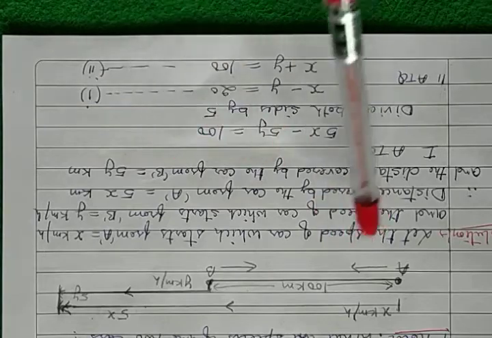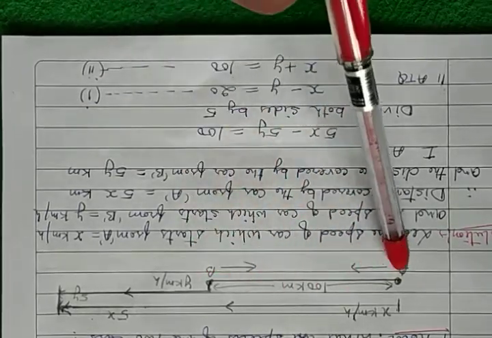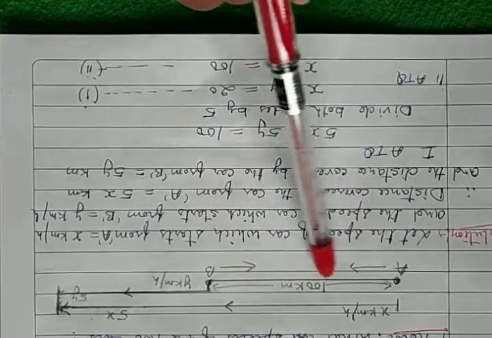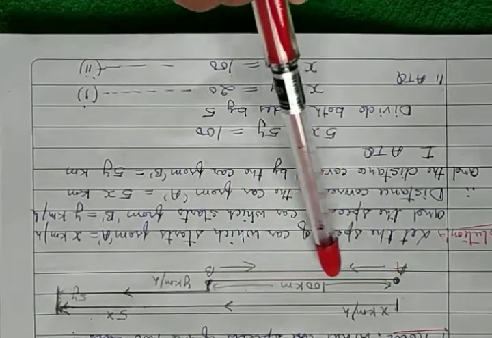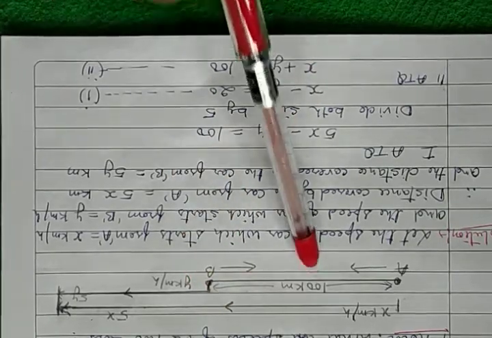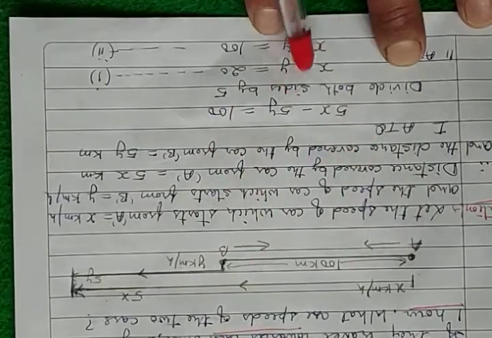Now in the second case, you know the distance between these two is 100. If one is traveling upward and the other downward, the total distance covered by both the cars is 100 km. One travels a distance x, the other travels a distance y. Total distance is 100. X plus y is equal to 100.